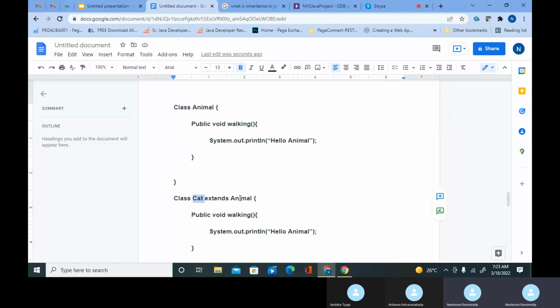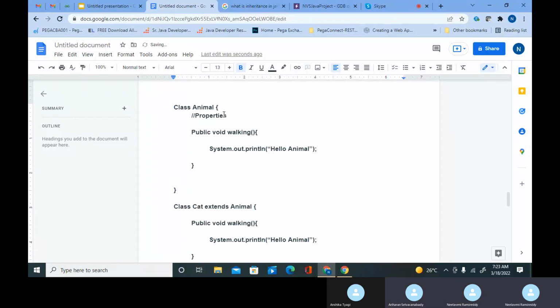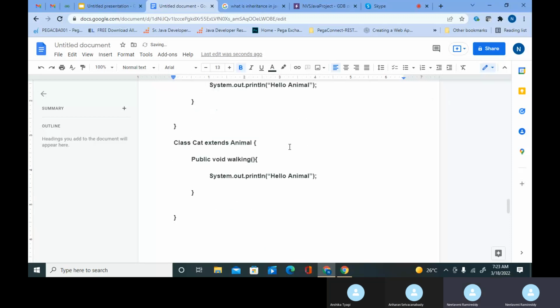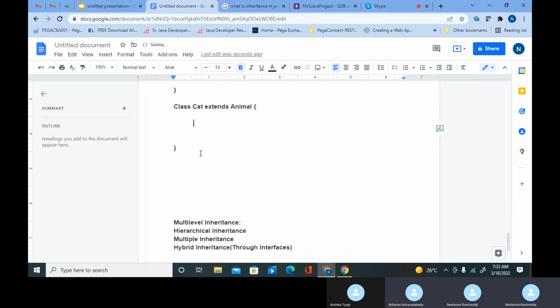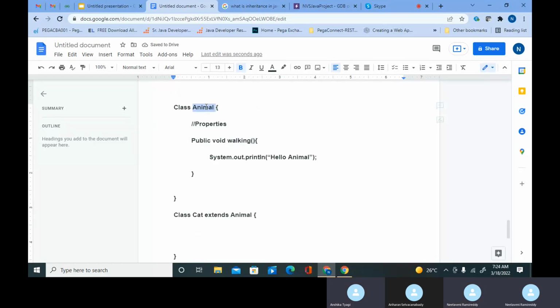Whatever is available in the Animal class, maybe properties or anything inside the parent, everything I can get from my child class.